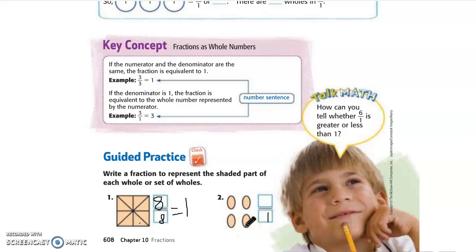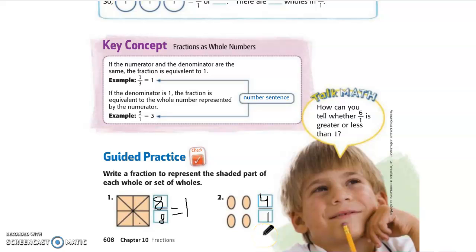I can have just one of these. They're not together, they're not connected. So there's just one piece. And out of the same one piece, I have 4 of them. I have 4 of the same pieces. So I would write this as 4 over 1.